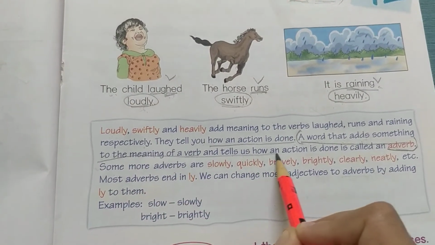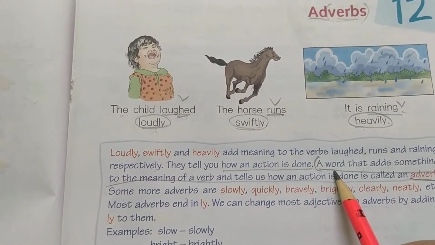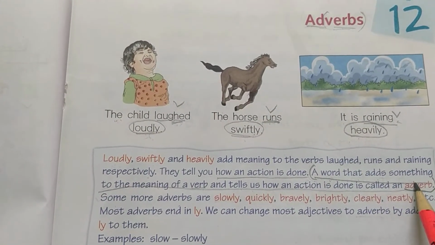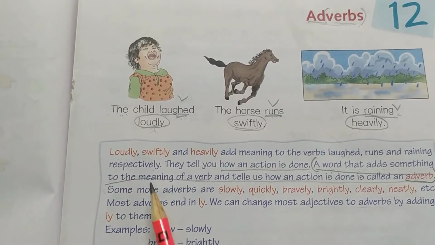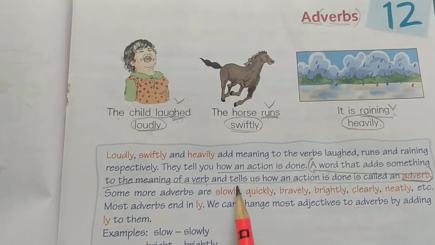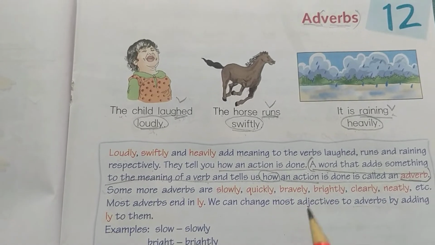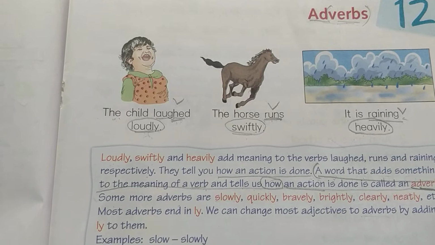You have to remember, in a sentence, when a word adds some extra information, some additional information to the meaning of a verb, and that particular word tells us how an action is done, that particular word will be an adverb.